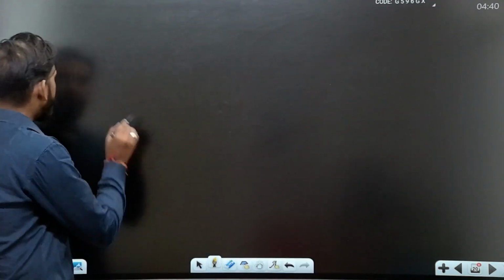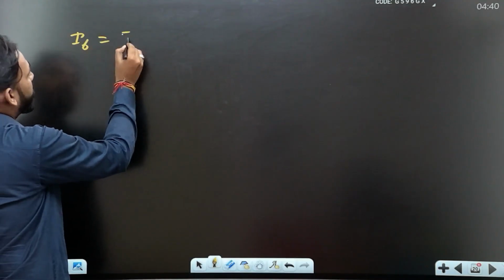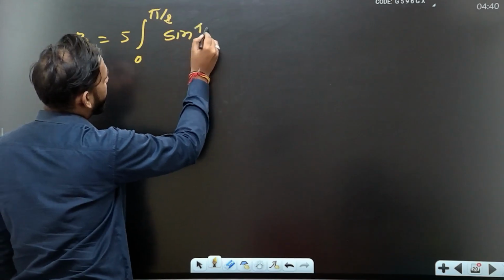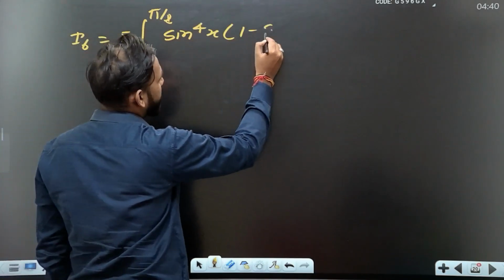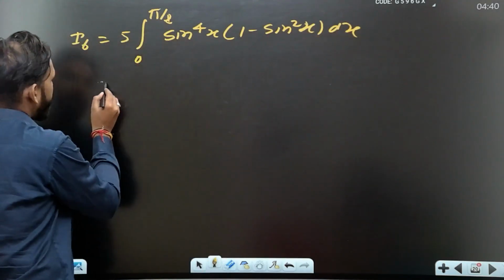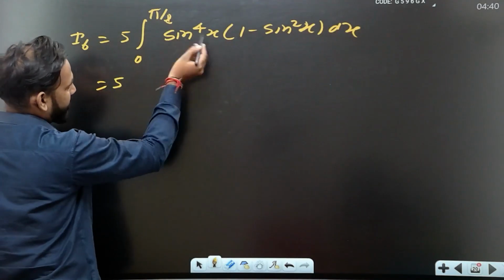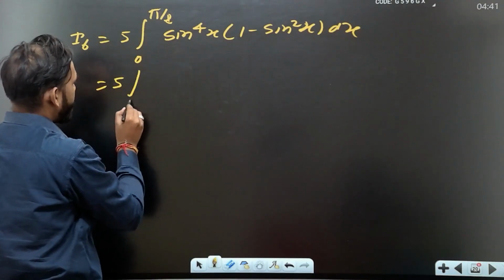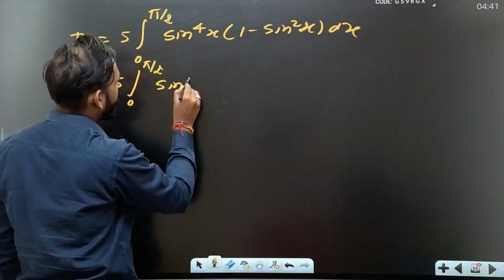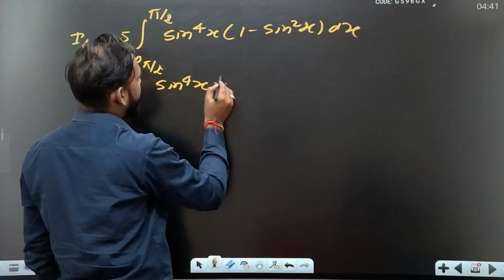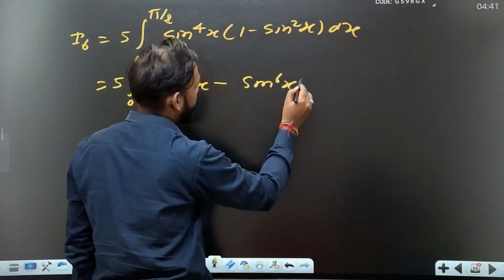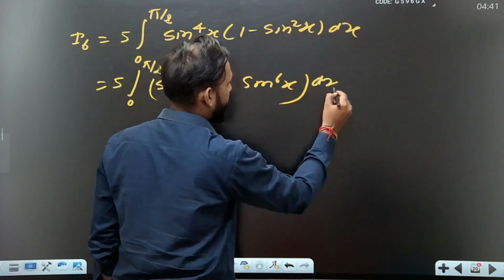Right. Now we have I6 equal to 5 times the integration from 0 to pi by 2 of sine to the power 4x times 1 minus sine square x dx. If we multiply sine to the power 4x into the bracket, we get sine to the power 4x minus sine to the power 6x dx.